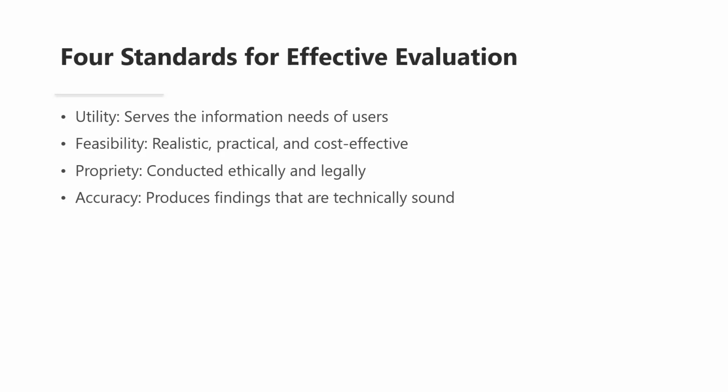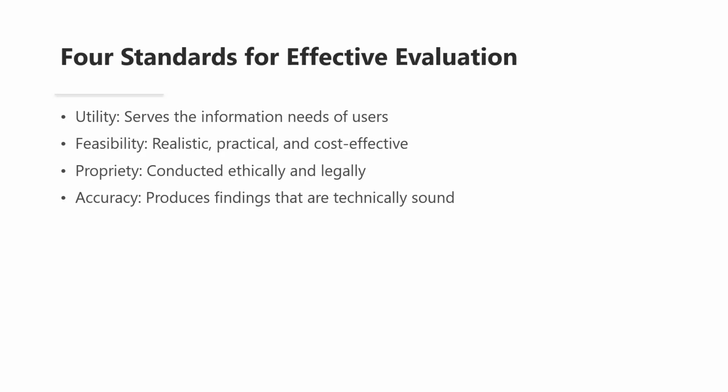Now here is why this matters to you personally on the exam. You may see a scenario describing a problematic evaluation and be asked to identify which standard is being violated. For example, if an evaluation costs twice the program budget, that violates feasibility. If findings are never shared with decision makers, that violates utility.